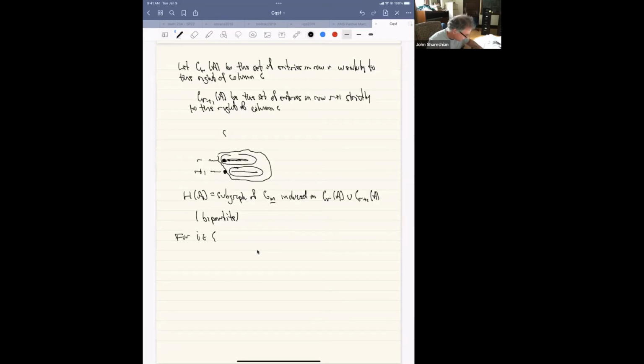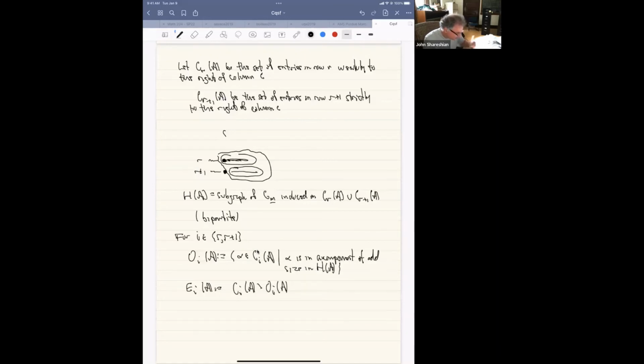For i in R or R plus 1, we're going to define O_i. O stands for odd. These are all alphas in C_i of A such that alpha is in a connected component of odd size in this graph H. And E_i of A is C_i of A minus O_i of A, things in components of even size.